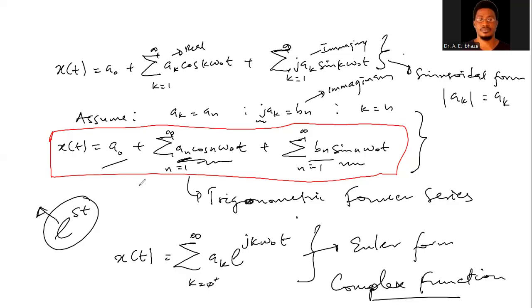So that becomes the next problem to deal with. So we already know that s of t is the same as A naught plus sigma k taken on values from 1 to infinity, a_n cos n omega naught t, plus sigma k equal to 1 to infinity b_n sin n omega naught t.